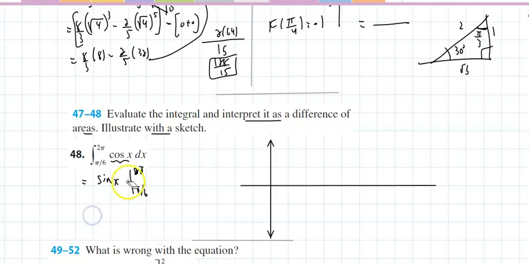I got it backwards, didn't I? Isn't that the sine of 2 pi minus the sine of pi over 6? Well, that would be a 0 minus, and pi over 6 is right there, sine is 1 half, and that would be a negative 1 half.